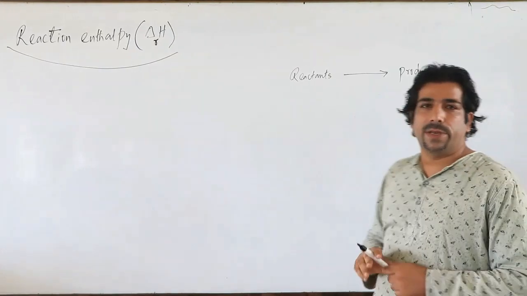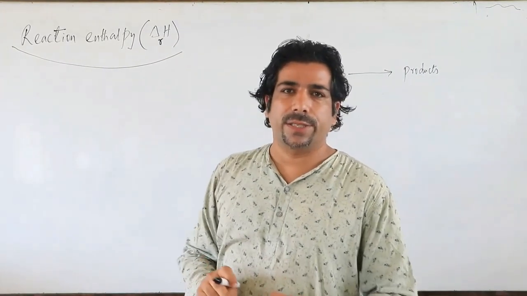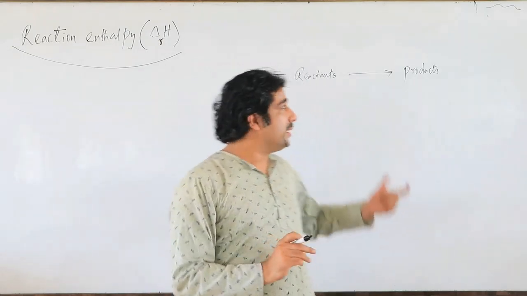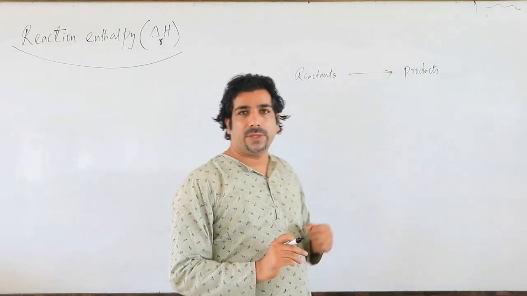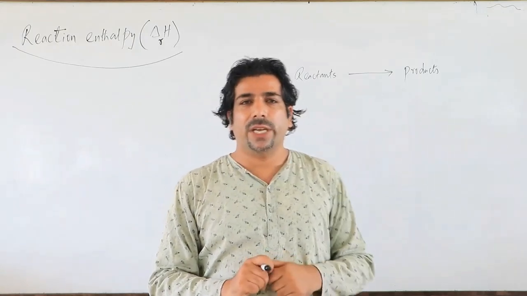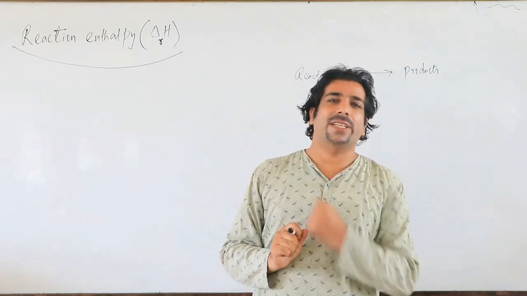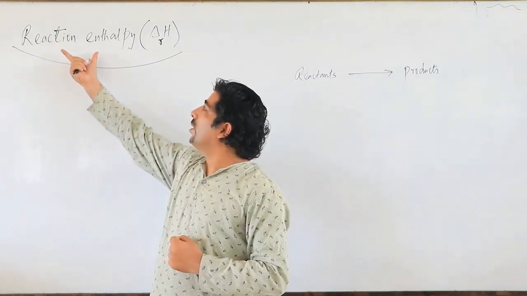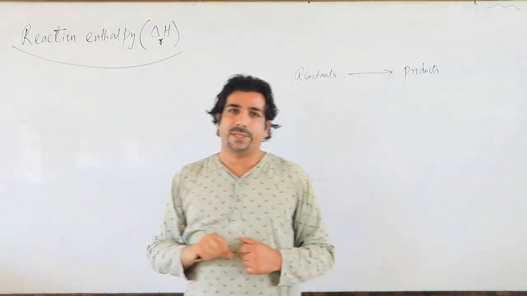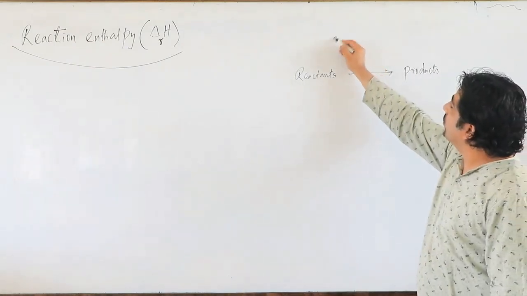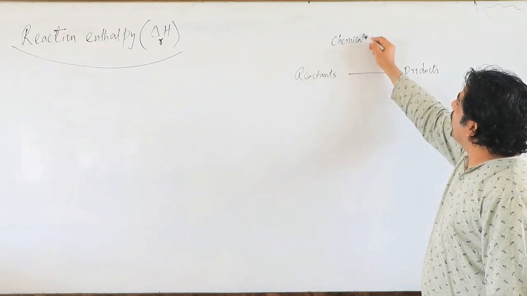So this is our chemical reaction where the reactants change into products. My dear friends, in this particular chemical reaction, there will always be a change in enthalpy. And that change in enthalpy is known as reaction enthalpy.